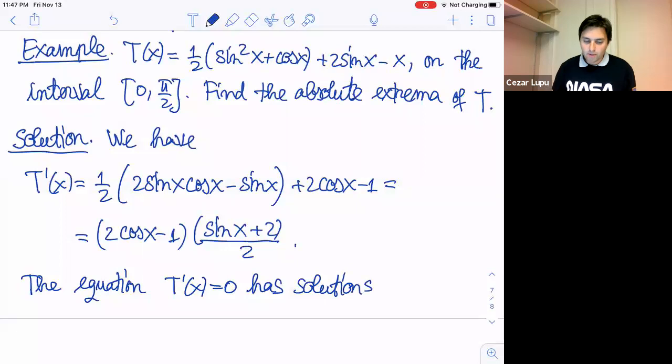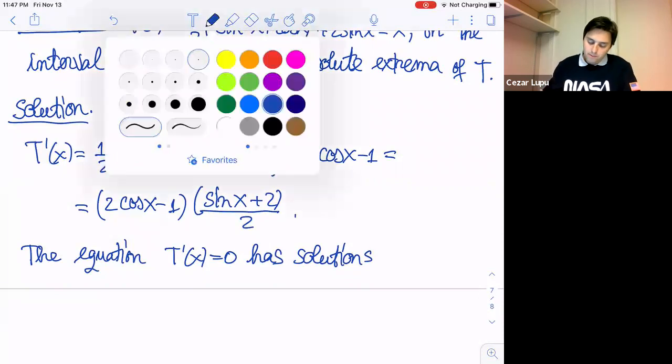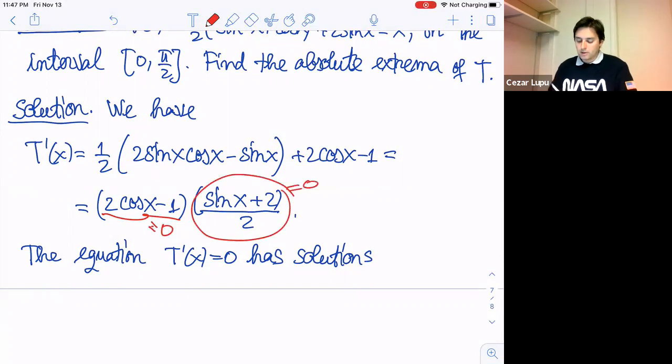And let's be careful here. We set this factor equal to 0, and on the other hand, we have the other factor equal to 0. From the first one, x equals pi over 3.